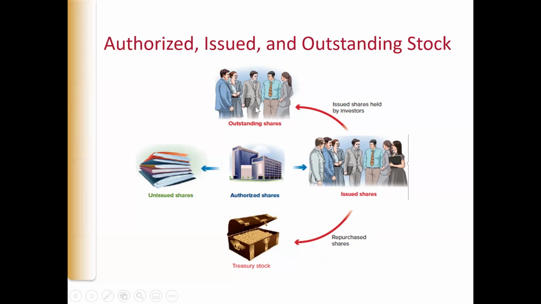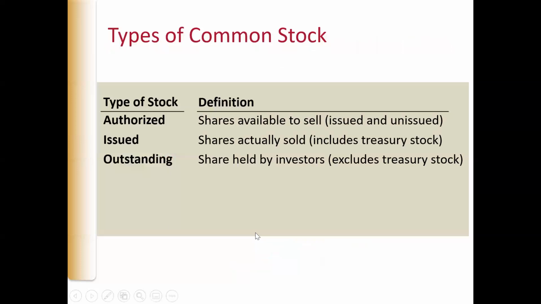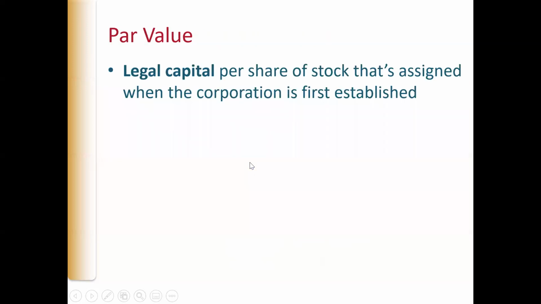So know that outstanding shares do not include the shares the company has repurchased in the form of treasury stock. You see that authorized is what's been available to sell. The issued shares are those that have actually been sold, and the outstanding shares are those only held by investors. That does not include the treasury stock, okay?